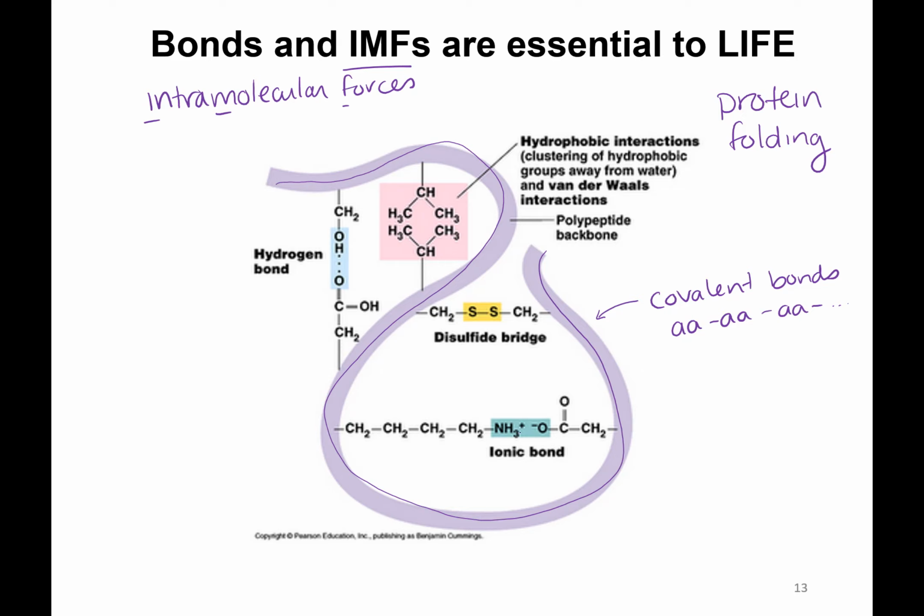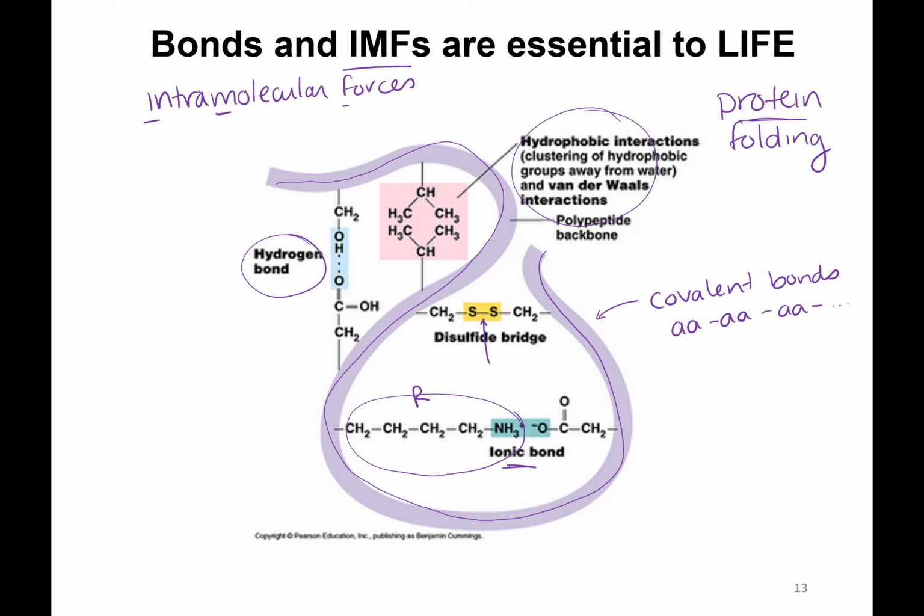And what's shown here, we'll talk about amino acids in a minute, are the R groups. But what I want you to understand is these bonds we've been talking about are also important in forming structures such as proteins. So you'll have hydrogen bonds helping a protein fold into its structure. You can have a nice strong covalent bond. You can have ionic bonds. And then you can have other types of interactions we'll talk about in just a few minutes.